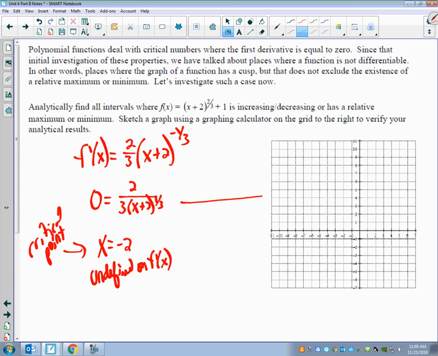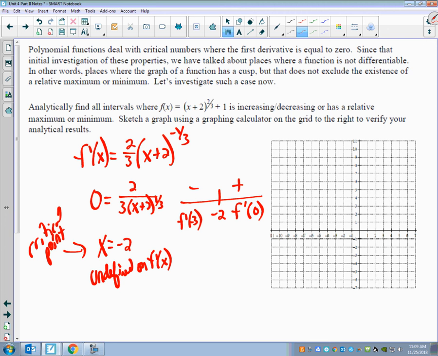Even though you can't plug in negative 2 into the derivative, if you plug in a number left of negative 2, let's just say negative 3, I would get negative 3 plus 2, which is negative 1 to the 1/3, which is still negative 1. So that's going to be a negative number. And if I plug in a number bigger than negative 2, I'm just going to pick 0, that's going to be 2 to the 1/3, which is positive.